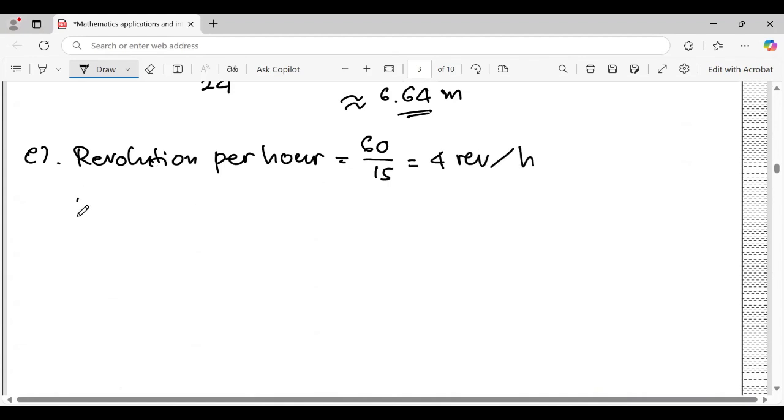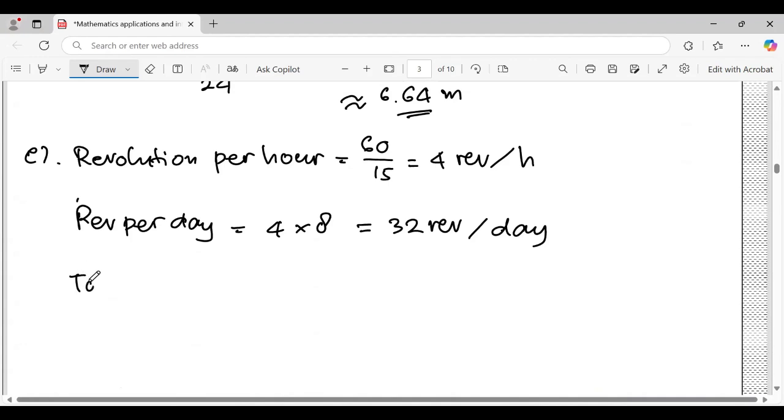And then the revolutions per day equal 4 times 8, because through the information we know that the Ferris wheel operates 8 hours each day. That's why we calculate 4 times 8, and it is 32 revolutions per day.